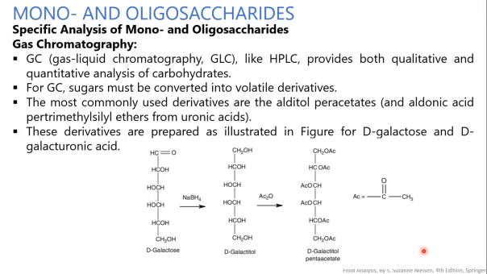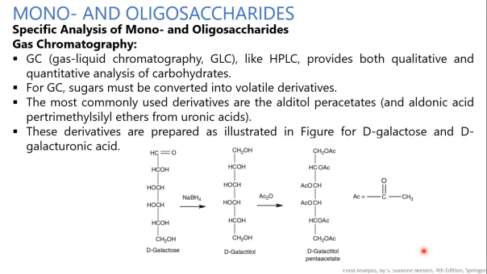So generally what happens with the GC, whenever we inject the sample in the GC, that particular sample should be volatile, so that whenever it passes into the column, it will give rise to the proper response. Means what? Volatile means it goes to the gaseous state. And as we know this is gas phase chromatography, the mobile phase is the gas.